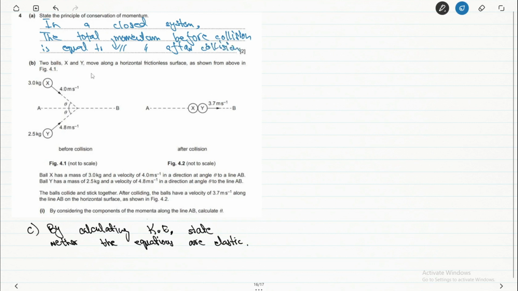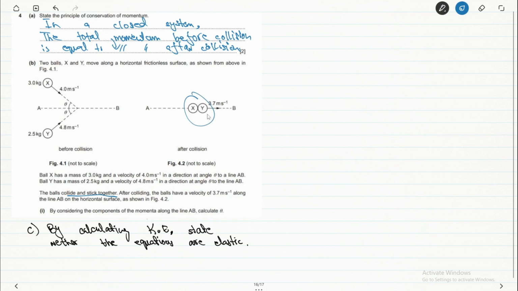Now the two balls X and Y move along a horizontal frictionless surface as shown from above. This is just telling us the angles and velocities that are shown here. The balls collide and stick together. A very important thing in tackling these questions is the balls sticking together.